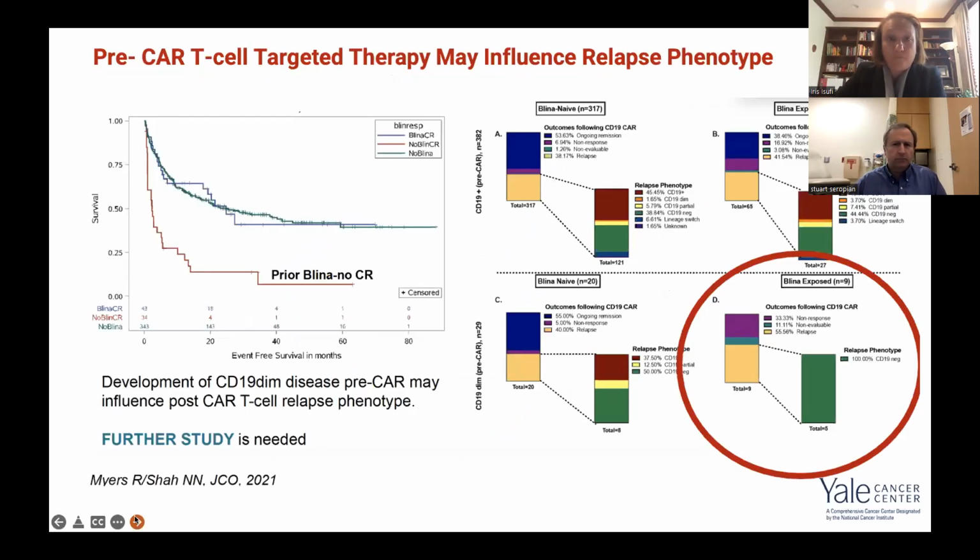So this is the group from the NCI, Nirali, that published recently and also presented at ASH, that patients who get blinatumomab prior to CAR T-cell therapy and do not achieve a complete response to blinatumomab have very poor outcomes post-CAR T. And again, having CD19 dim disease pre-CAR T will influence the post-CAR T-cell relapse phenotype, that a lot of those patients will have CD19 negative disease at the time of relapse, and they will also have very poor outcomes.